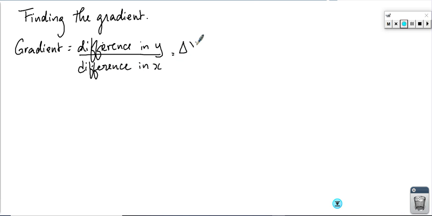In short, delta y on delta x, or y2 minus y1 on x2 minus x1. I will be using this, okay? Y2 minus y1 on x2 minus x1.